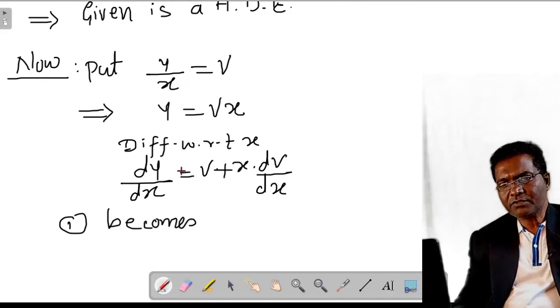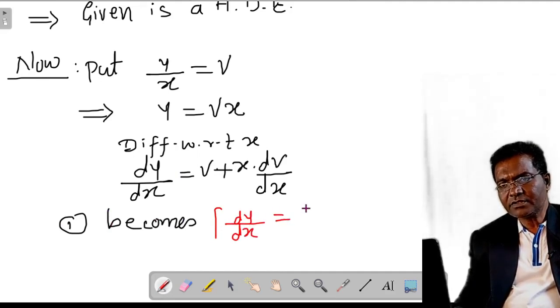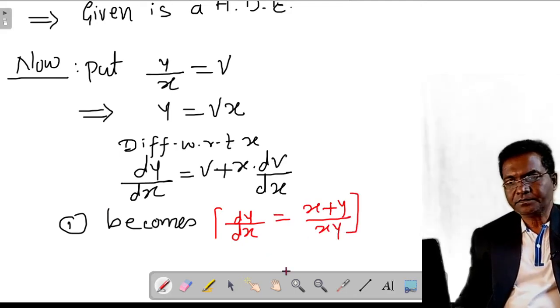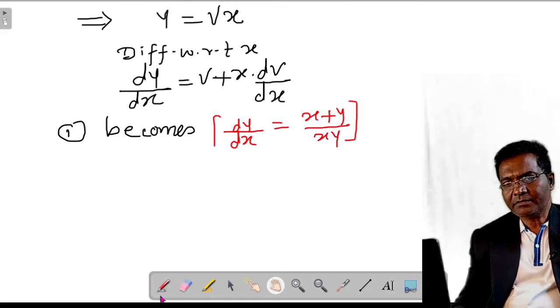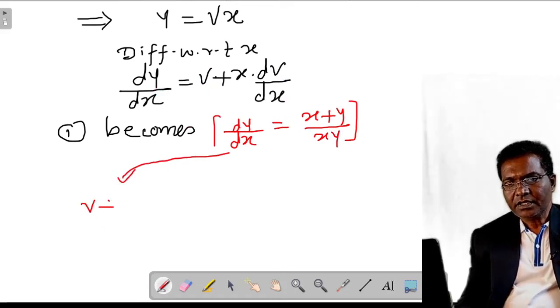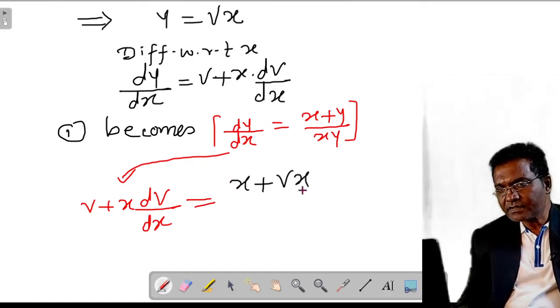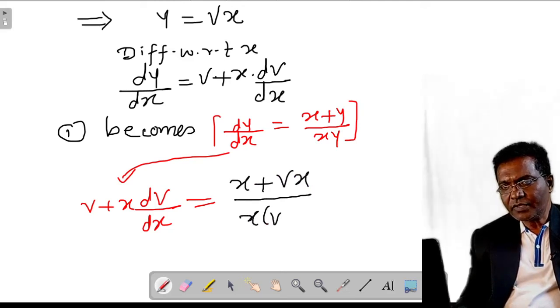Okay, what is equation 1? You have dy by dx equals (x plus y) by x. Let me substitute. For dy by dx you have to substitute this, in place of this. So it is v plus x dv by dx equals, x as it is, y means vx.